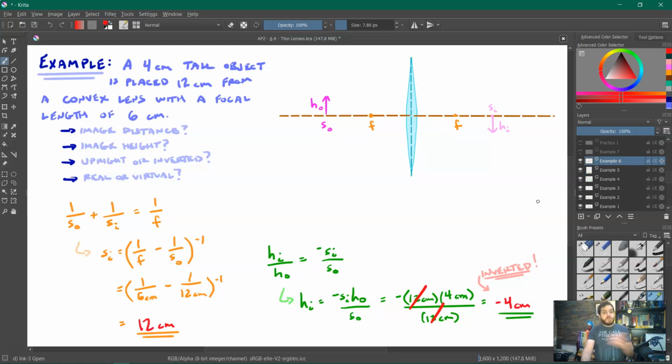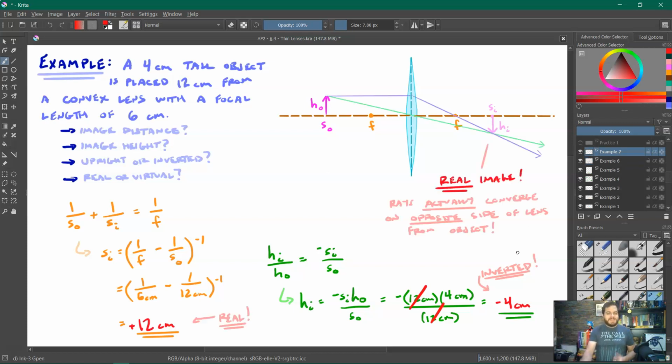And additionally, if we want to know if it's real or virtual, well, this is a positive image distance, so it is a real image because the light rays coming from this object, they're going to go through the lens and physically converge at this point here opposite the side of the object. So because this light is refracting, it will still converge even though it's on the opposite side of the lens.